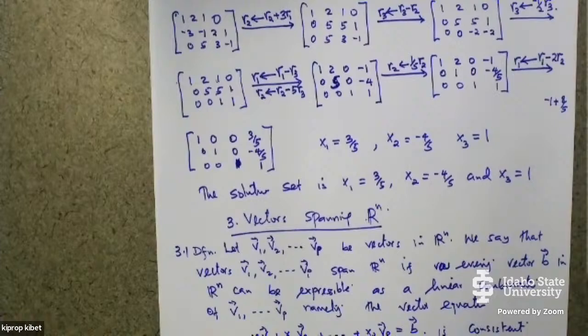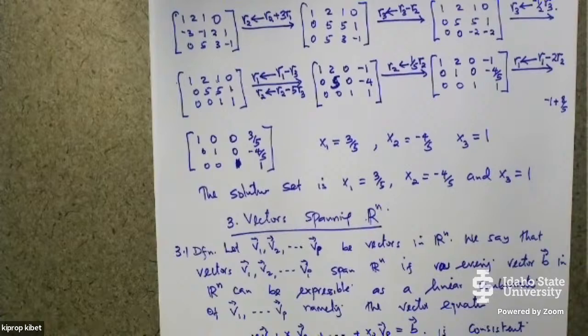So to check whether this is consistent, we take all those vectors there and this vector b, put them in the augmented matrix form, and then reduce them. Once we reduce and there is no contradictory row, it means it is consistent.